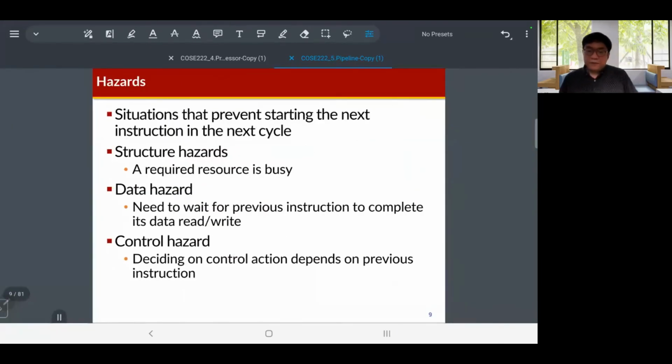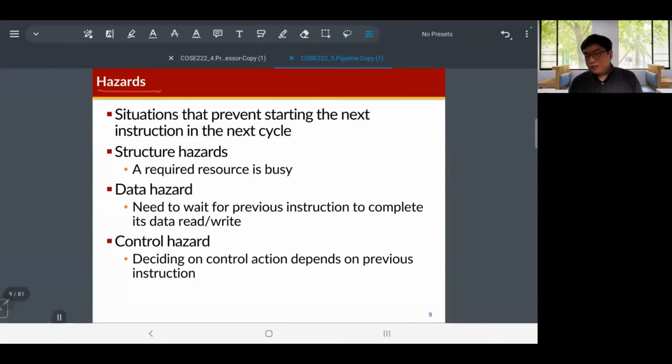Okay, then let's learn about the hazard. This is a very, very important concept in pipeline processor architecture. You need to understand the hazard in a computer system. It's also very critical for the performance of computer systems. Then, what is the definition of a hazard?